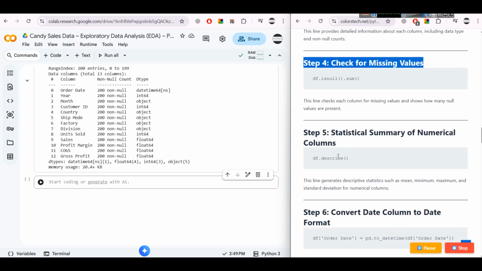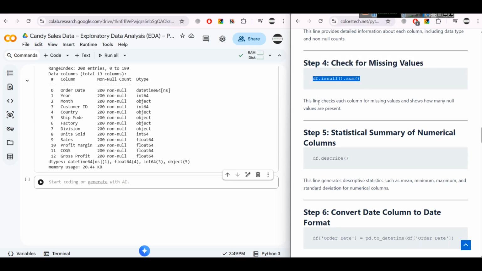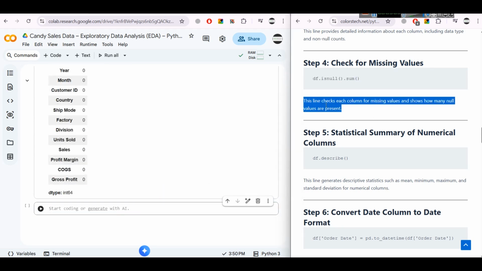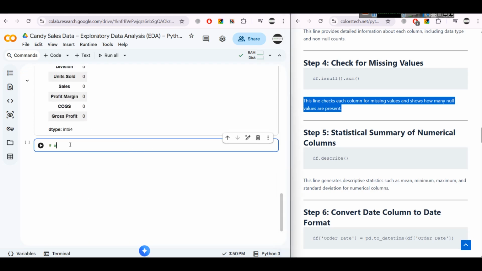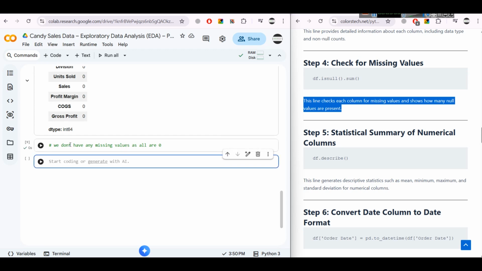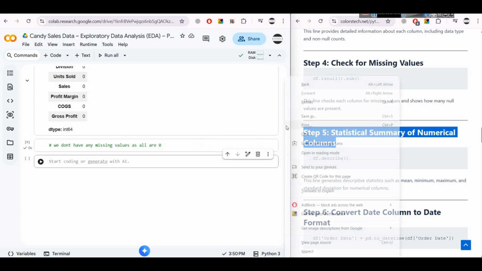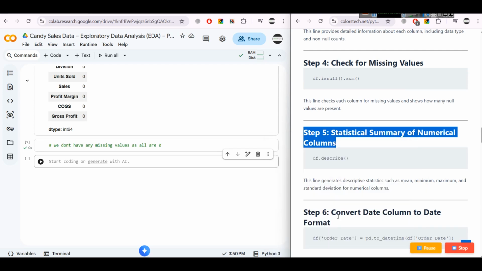Step 4. Check for missing values. This line checks each column for missing values and shows how many null values are present. Step 5.